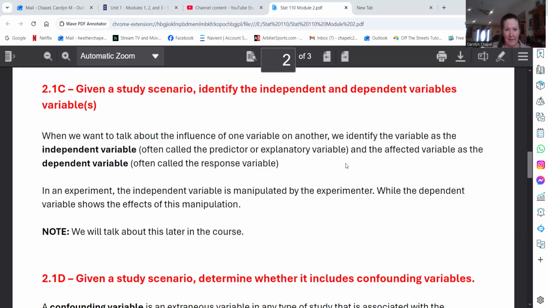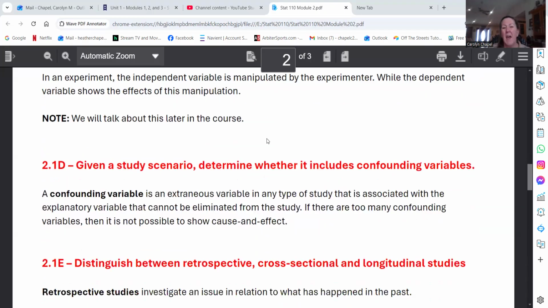The affected variable, the outcome, that's going to be our dependent variable because it's also going to be responding to that independent variable. A lot of times, like I said, the independent variable is that manipulated piece, and the dependent shows what happens when we do that. And we will talk about those things later in other videos as well.